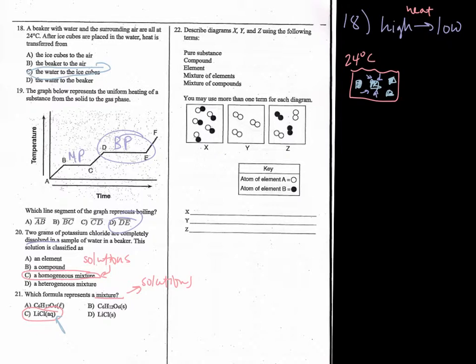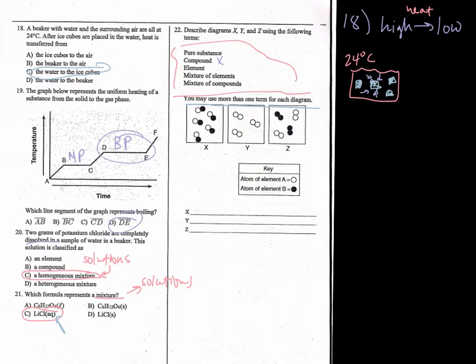Now, number 22. Okay, so it says here you may use more than one term for each diagram. So to make it easier, I'm just going to label next to it these terms right here. Now look at X. We got element A and element B together, stuck together. So that means it's a compound.